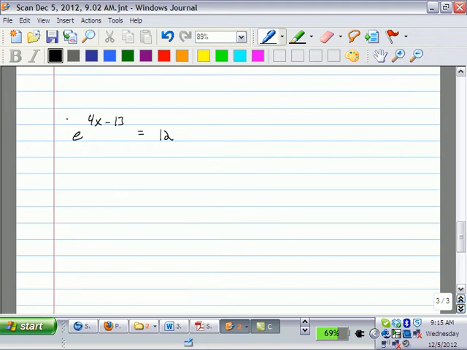I'm looking at this and I notice, hey, the left-hand side is in a base of e. Sure would be nice if the right-hand side was in a base of e. So natural log, that's the function that's going to tell you the exponent on e to get that number.